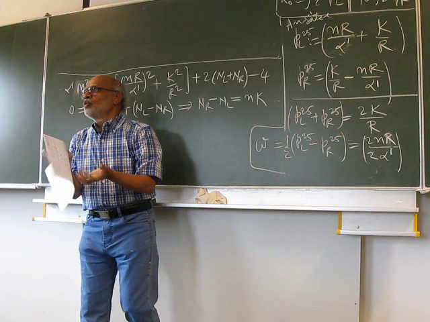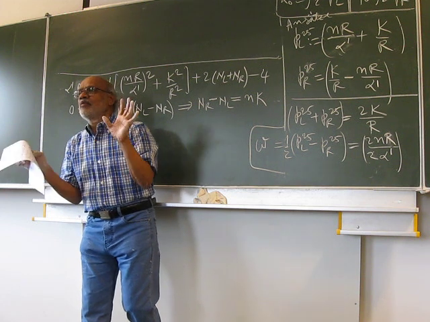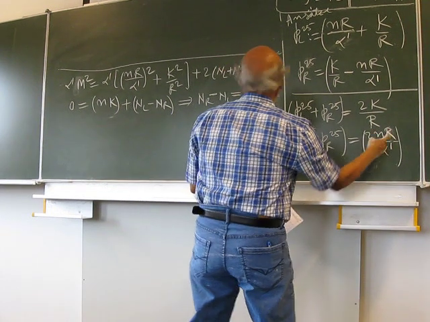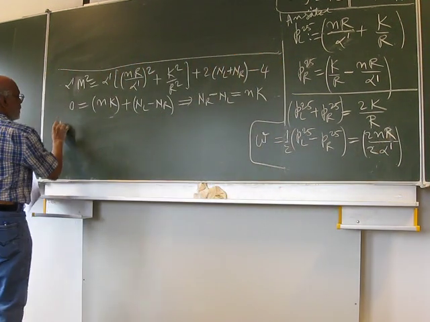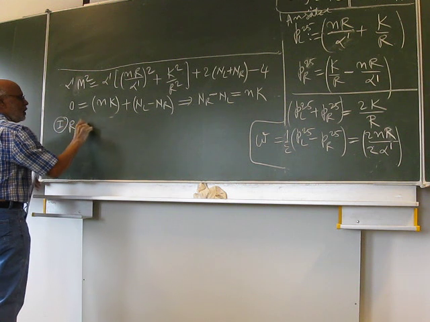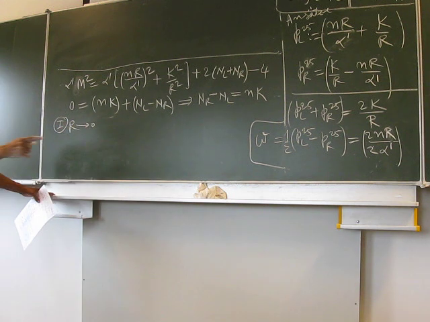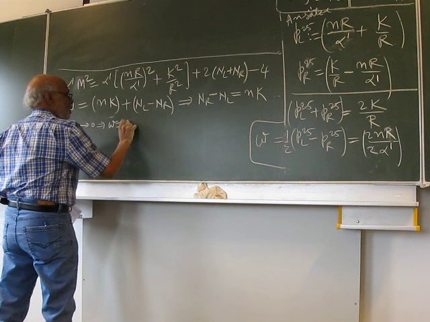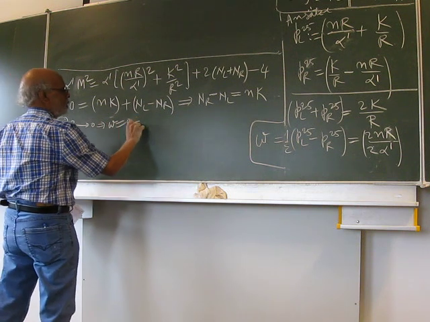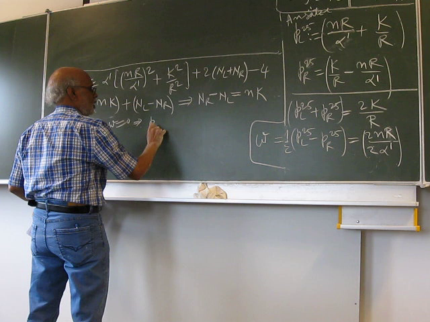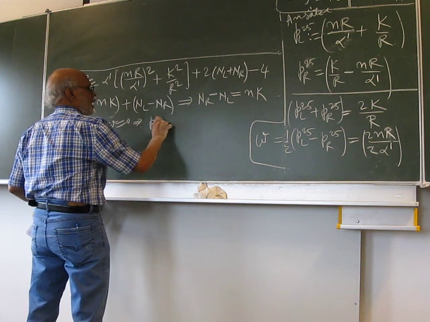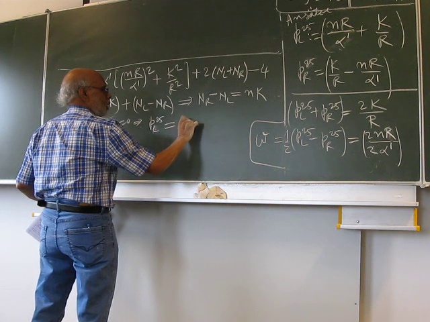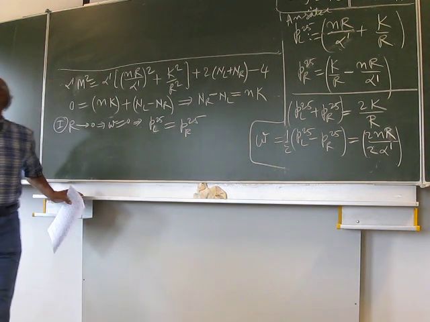Interplay of R going to 0 and R going to infinity. This is what we want to see. You see, when R goes to 0, then W goes to 0, then PL25 equal to PR25.